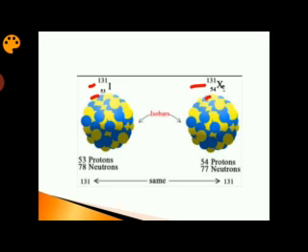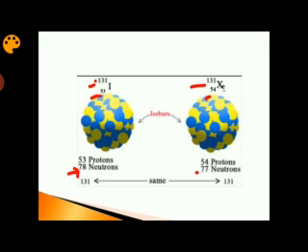Then how many neutrons are there in iodine and xenon? You can find the number of neutrons by subtracting the atomic number from the mass number. So 131 minus 53 will give you 78. 78 neutrons are there in iodine 131 and 77 neutrons are there in xenon 131.